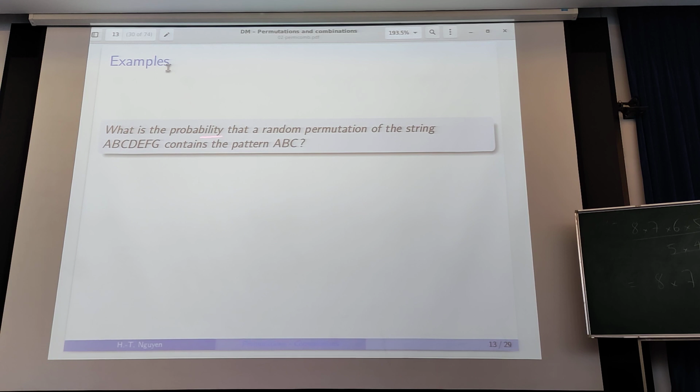Suppose that you have a string made of seven different letters, A, B, C, D, E, F, G. If you consider all the random strings consisting of these 7 letters, then what is the probability that you get A, B, and C next to each other in this order?